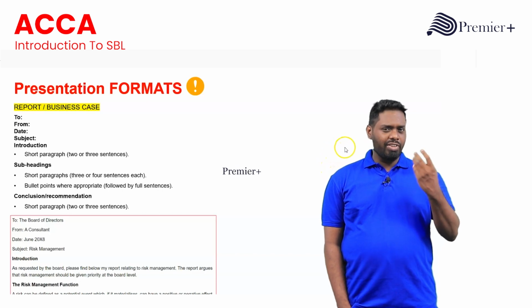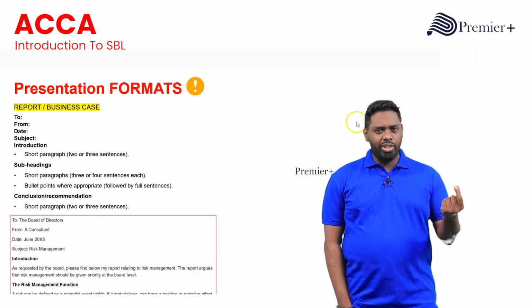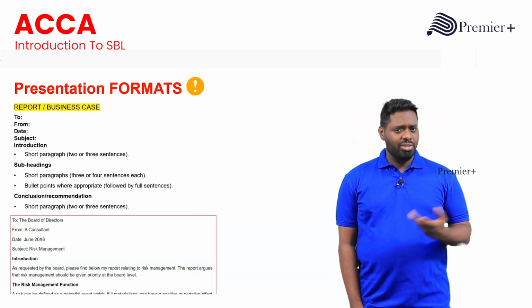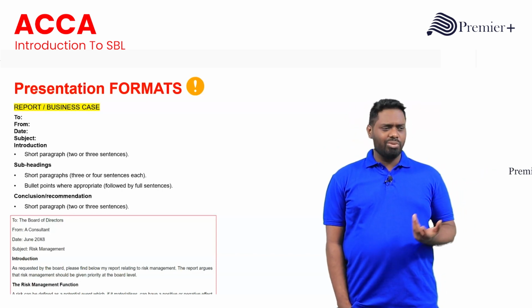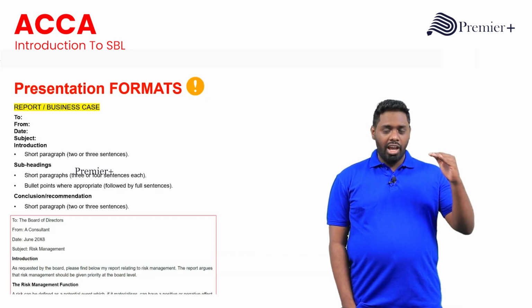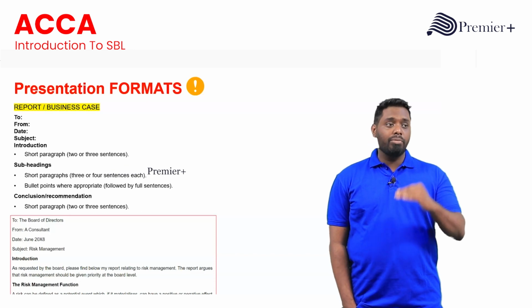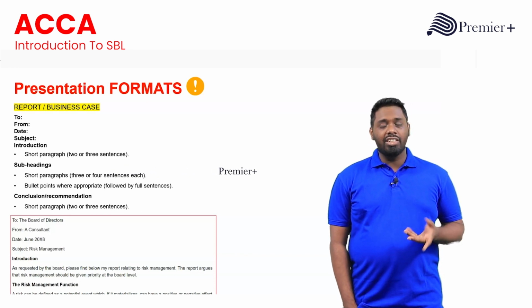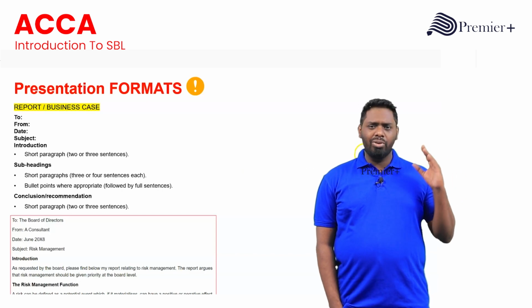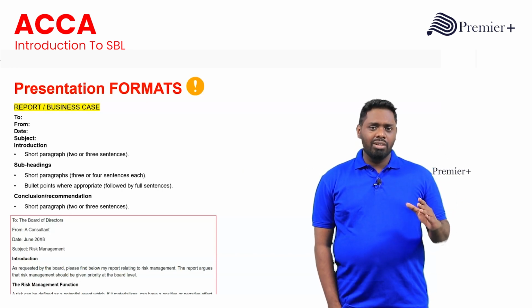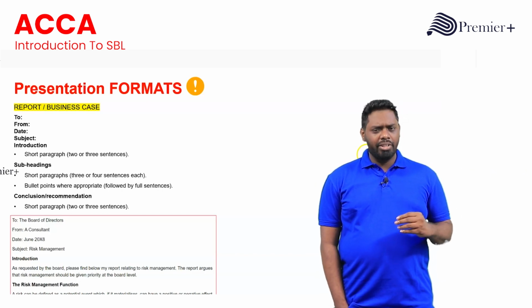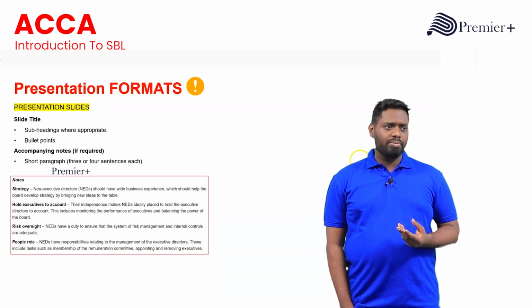Obviously, since you are in a very senior position, you would be reporting to someone who is senior or in equivalent status. It's typically the board of directors or the CEO. From a consultant, the date is given, subject risk management, and then you can have those 3 sections: introduction, main body, and conclusion. The introduction and conclusion should be very brief. 2 to 3 sentences is sufficient. Do not just keep on writing. Do not waste time on that. But make sure you focus on the main body. Use subheadings, use bullet points where appropriate.